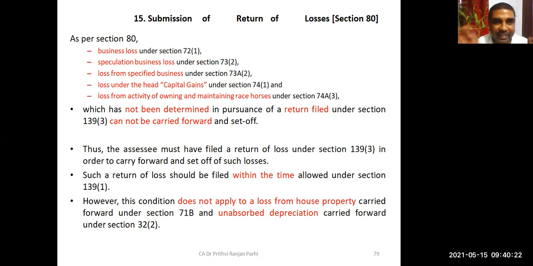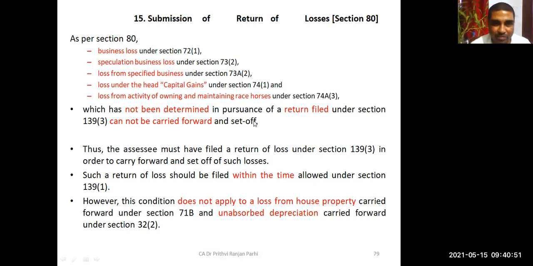As per Section 80, business loss, speculation business loss, loss from specified business, loss under the head capital gains, and loss from the activity of owning and maintaining race horses, which has not been determined in pursuance of a return filed, cannot be carried forward. The return filed under Section 139(3) is required.